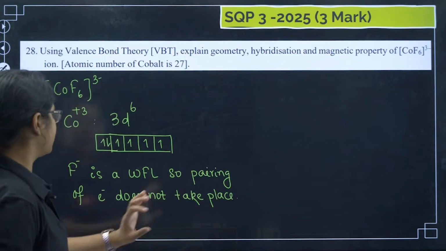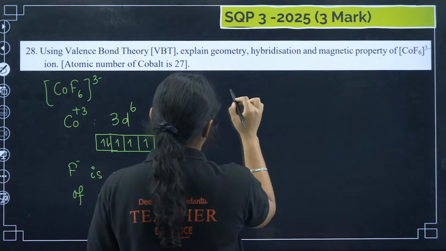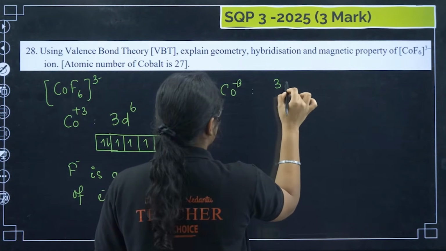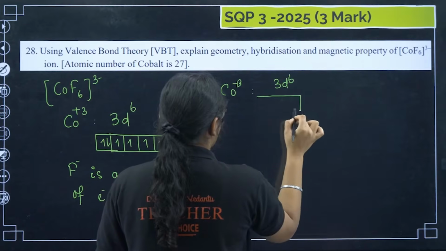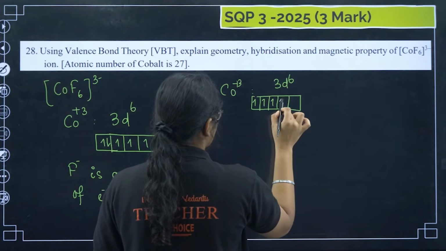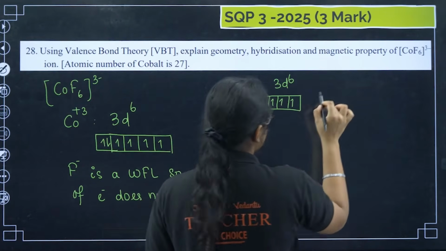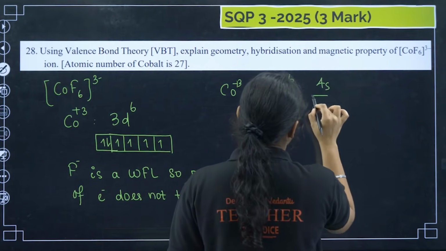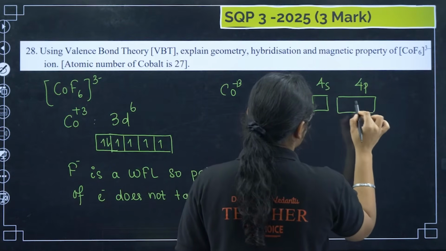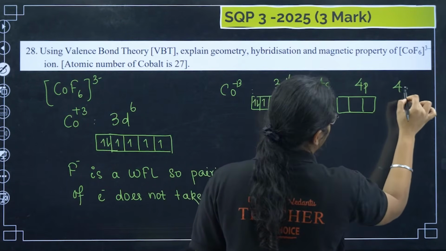So next, for the orbitals, cobalt 3 plus, what are the orbitals available? We have 3d6, okay, so you have 1, 2, 3, 4, 5 and 6, 3d6, 4s, then I have 4p, okay, and then I have 4d.